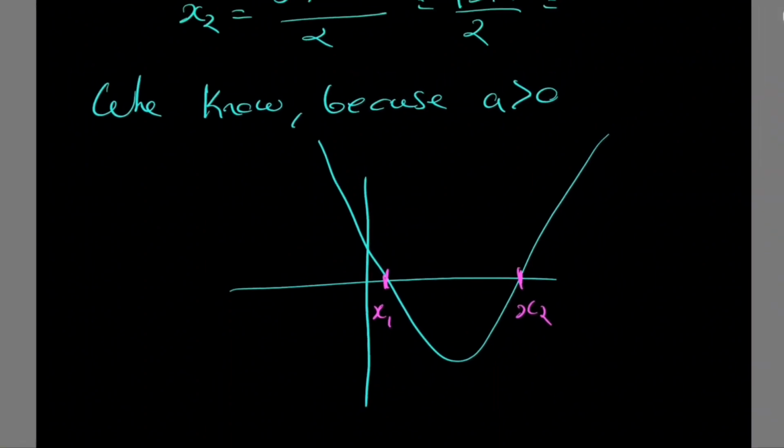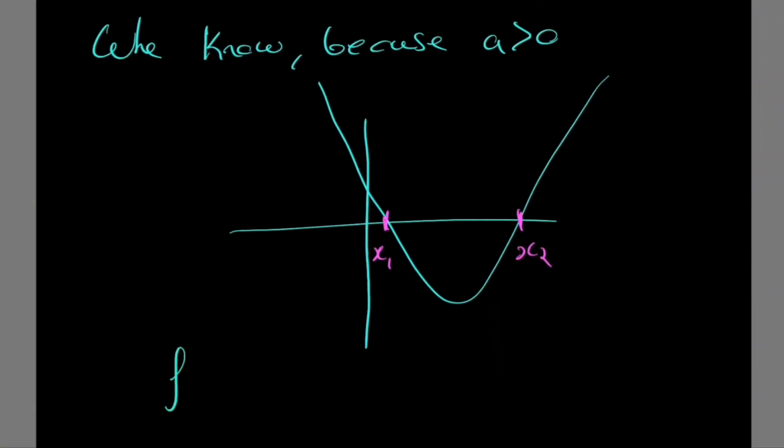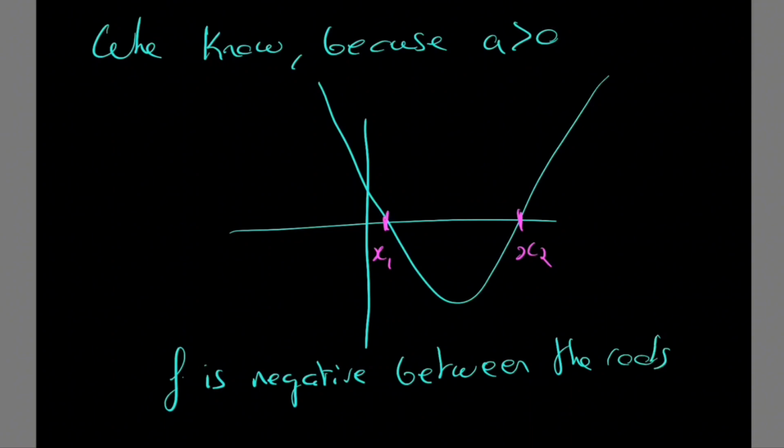So because a is positive, the function f is negative between the roots, in this interval, and then it's positive outside of the roots.